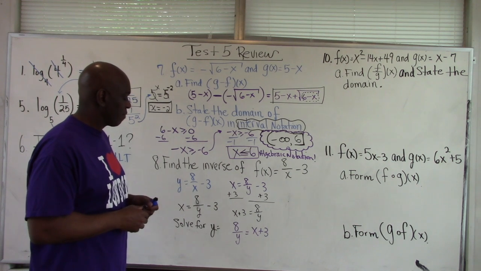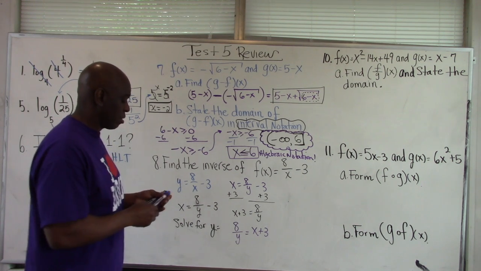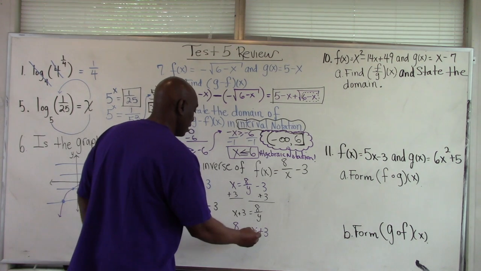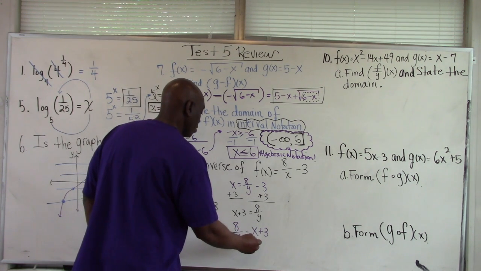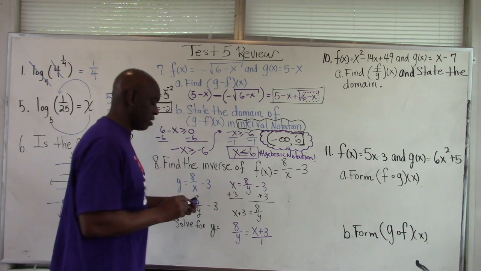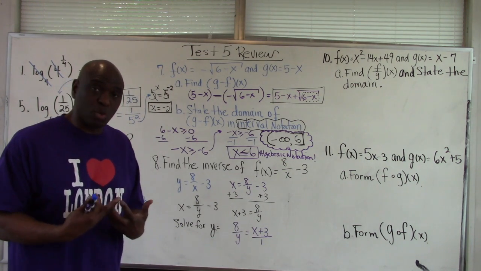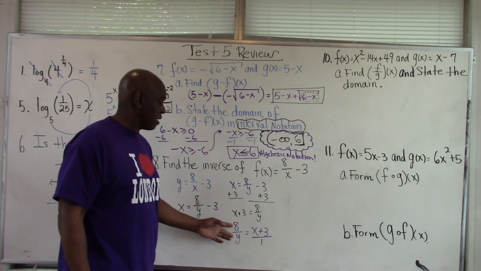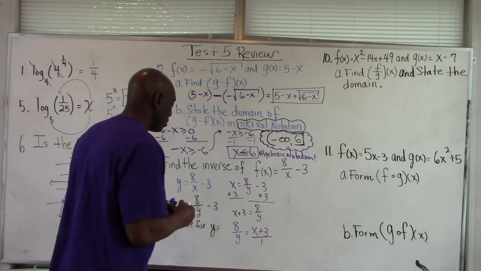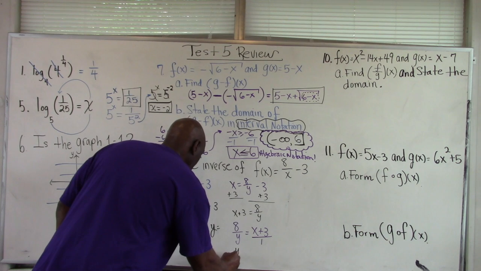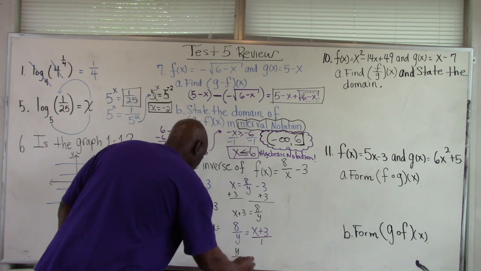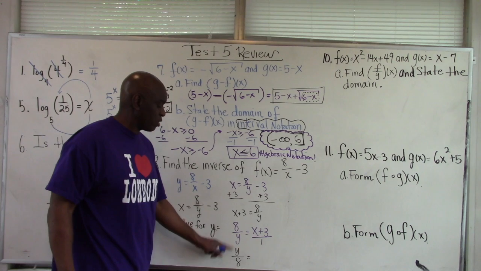All right. Now, since this is really x plus 3 over 1, let's go ahead and take the reciprocal of both sides. That still preserves the equality, right? Let's look at y over 8. See, that's the reciprocal. 8 over y is y over 8.